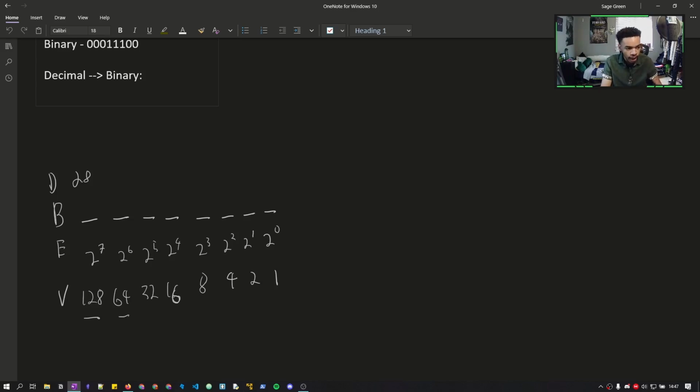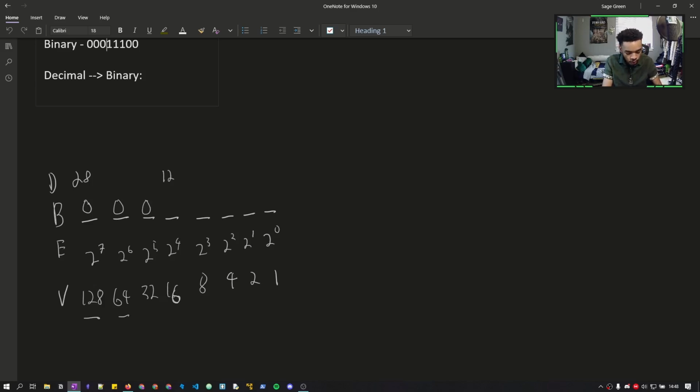64? No, we can't. If we can't go into the value, then we mark it with a 0. So 128 can't go into 28, so we put a 0 here. 64 can't go into 28, so we put a 0 here. 32 can't go into 28, so we put a 0 here. 16 can go into 28, so we subtract 16 from 28 and we get 12.